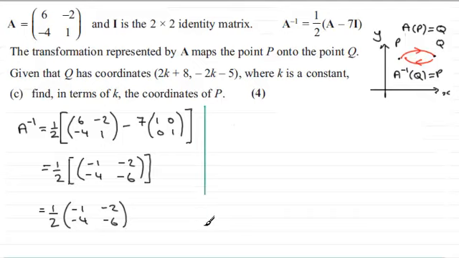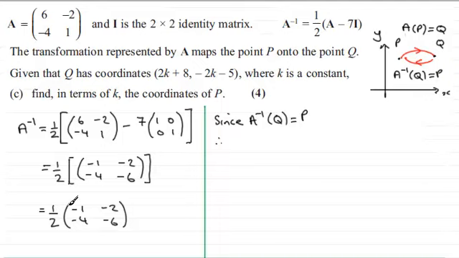So now we've got that, we can come back to this point here, and that is, since the inverse of A multiplied with Q will give us P, that sets up an equation that we can work out.